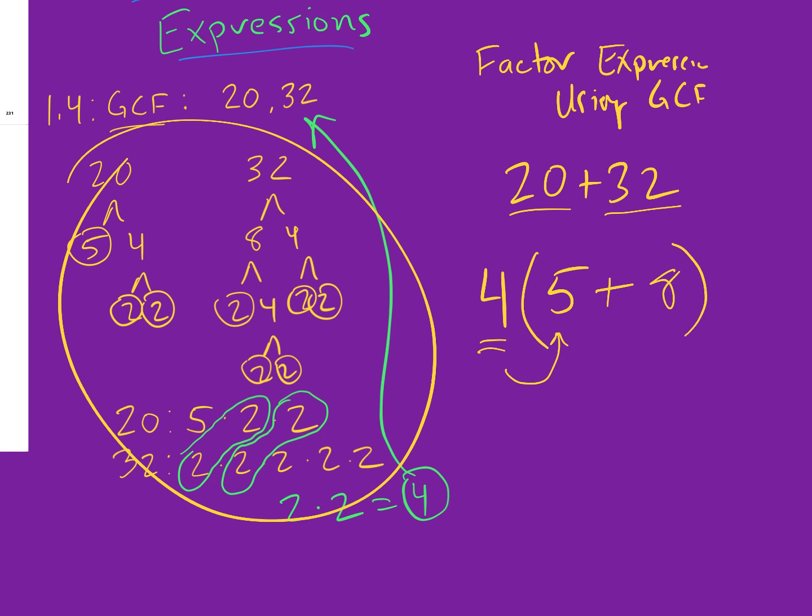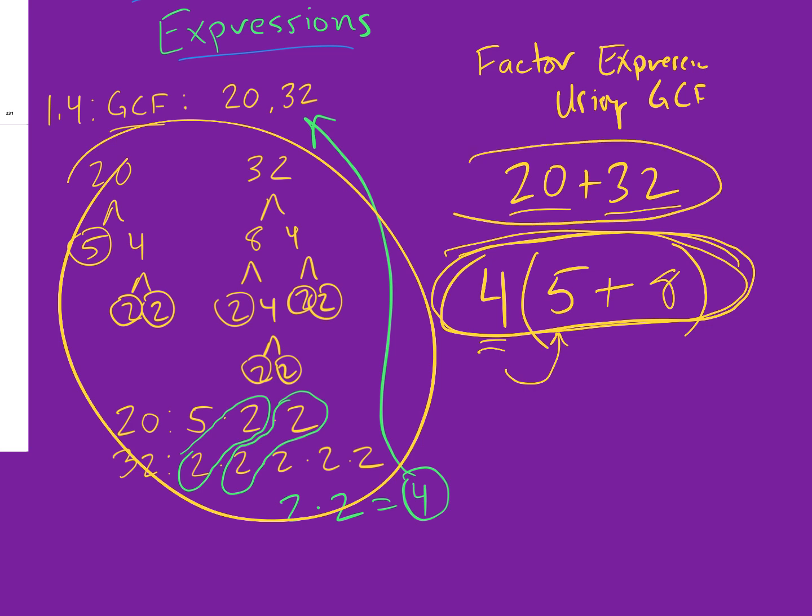And so this would be a factored expression using GCF. Okay, and so again, we're just working backwards. We're creating what we used in the last lesson as our final answer, and we start with a simple expression listed like that above, 20 plus 32.